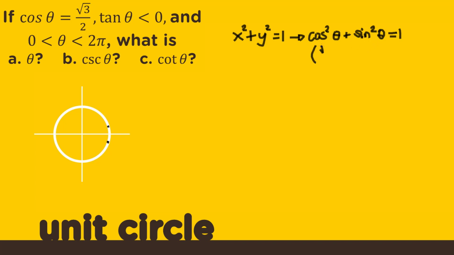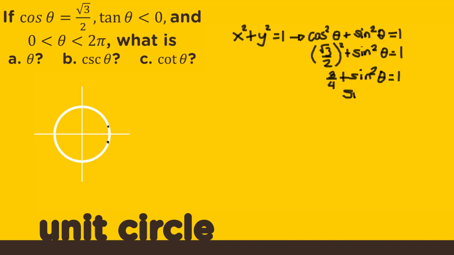The square of square root of 3 over 2 is 3 over 4, plus sine squared theta equals 1.